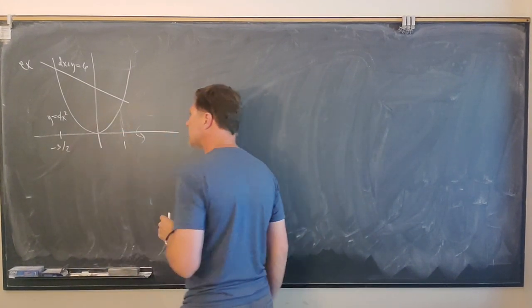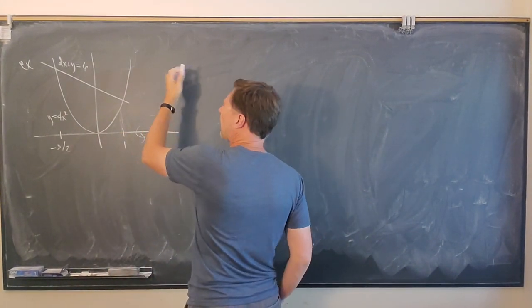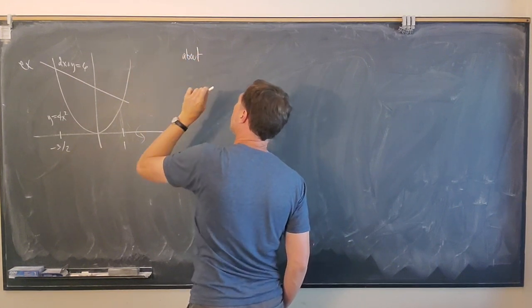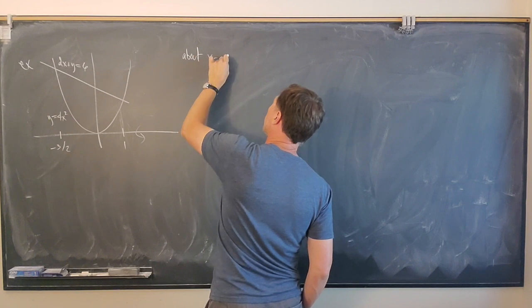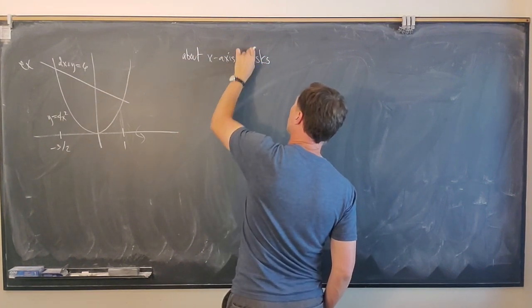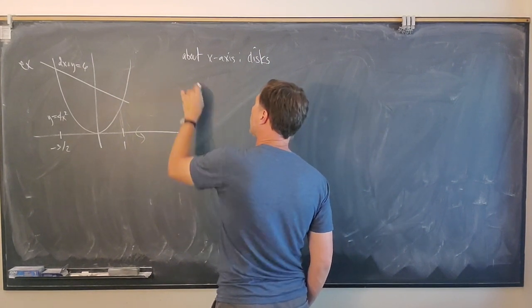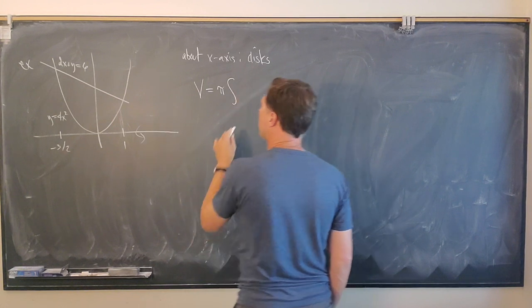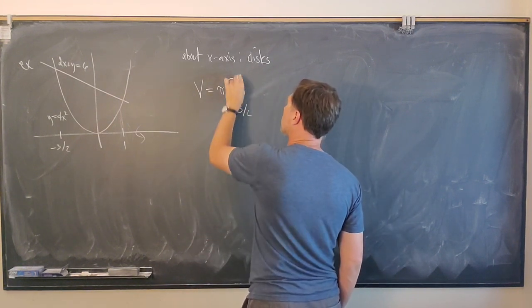Now, if I take this region and revolve about the x-axis, then we'd be using the disk method. So let's first do about the x-axis. In that case, we use disks. And the volume then is going to be pi times the integral from -3/2 to 1.